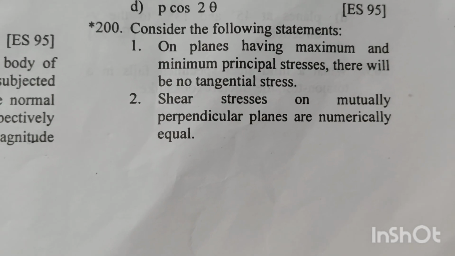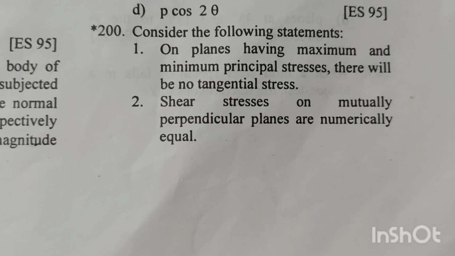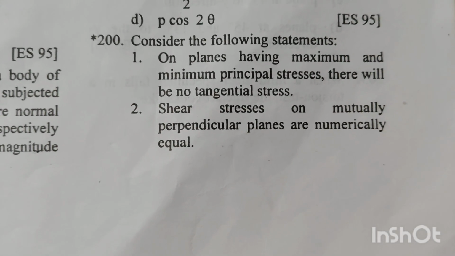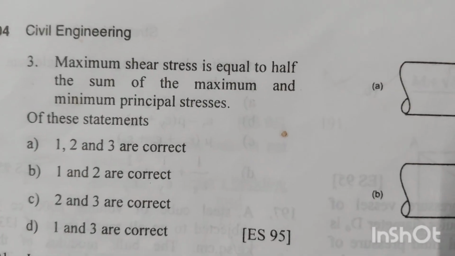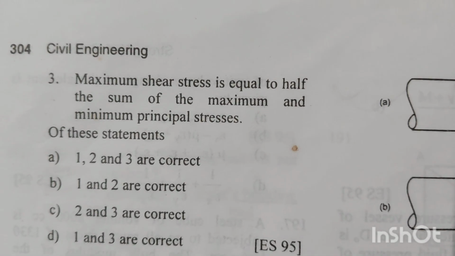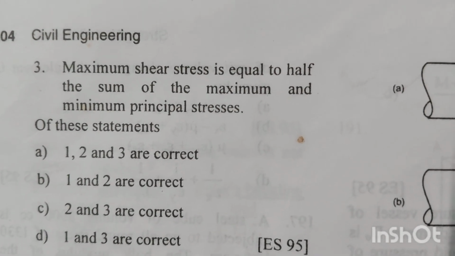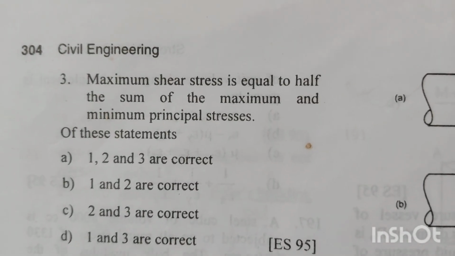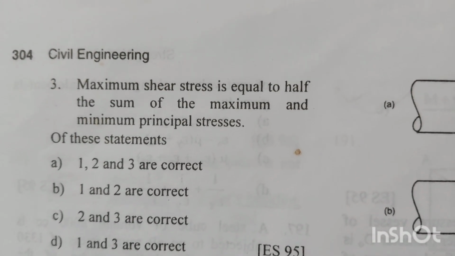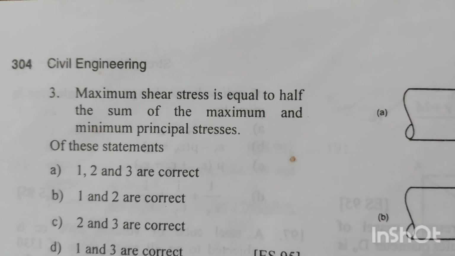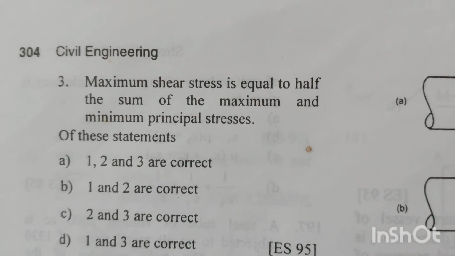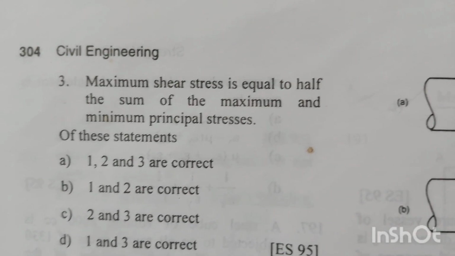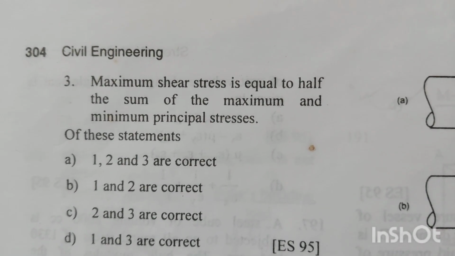This is the principle of complementary shear stresses. So statement 2 is also correct. Statement 3. The maximum shear stress is equal to half the sum of the maximum and minimum principal stresses. No, it is equal to half the difference between the maximum and minimum principal stresses. Option B is the right answer.